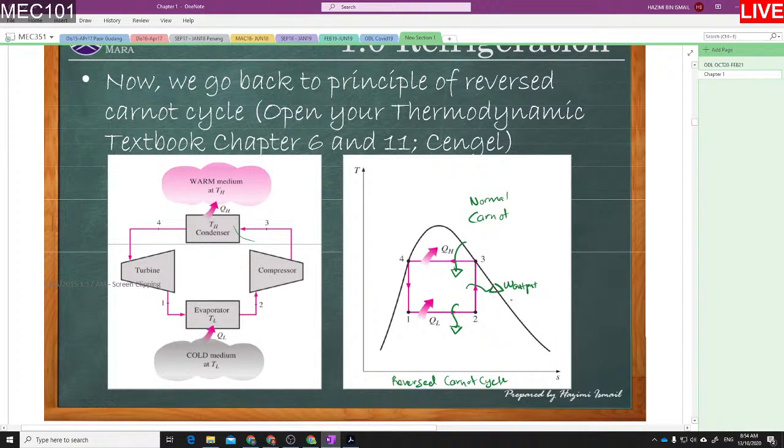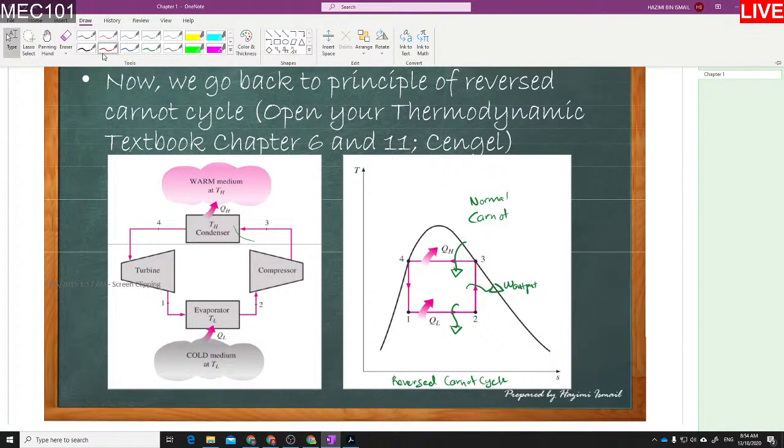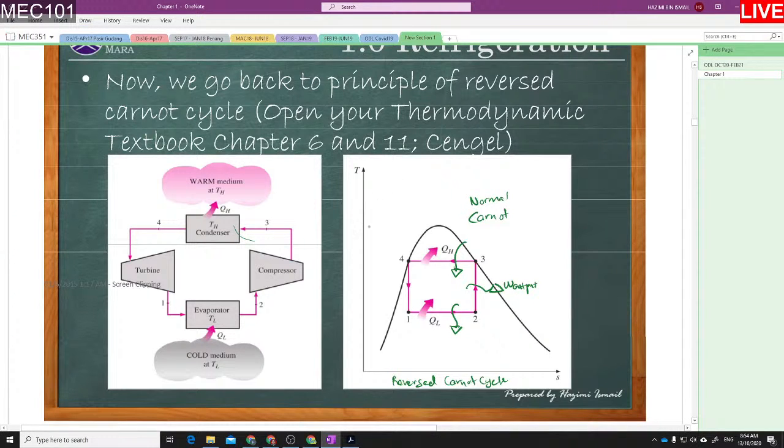But we want to reverse the direction, because the purpose of our refrigeration is not to get the work output. We want the work input to give in, but the objective is to extract this heat.